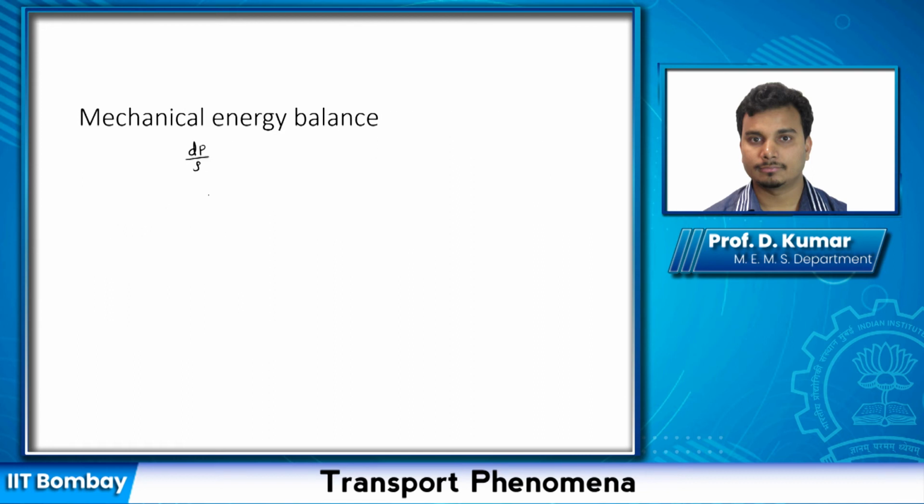You will have dP by rho plus V dV equals 0. If you integrate this equation, you can find the change in velocity, etc. We'll come back to that later.